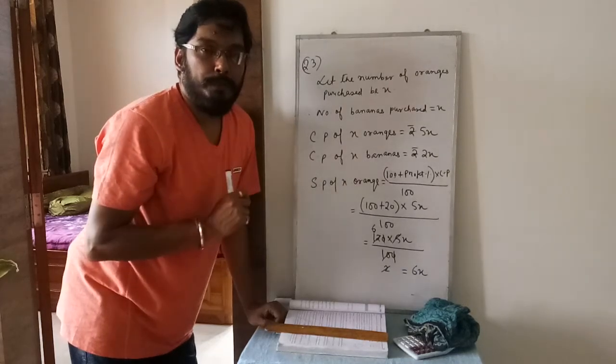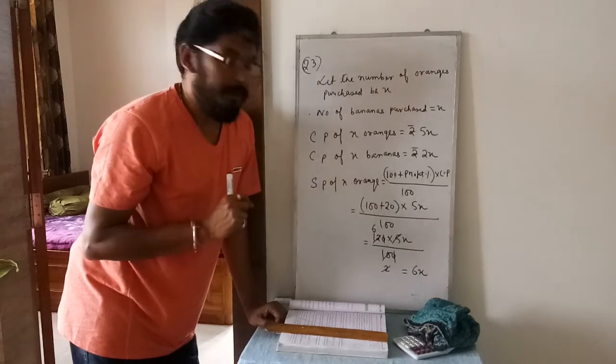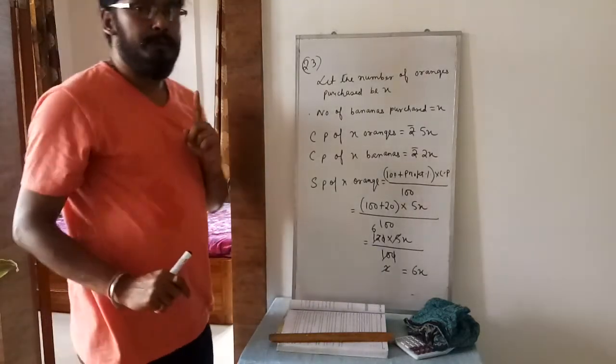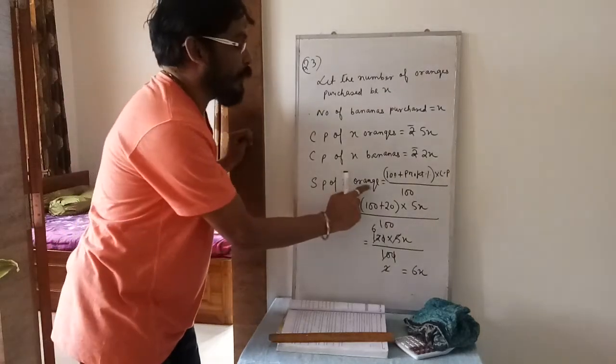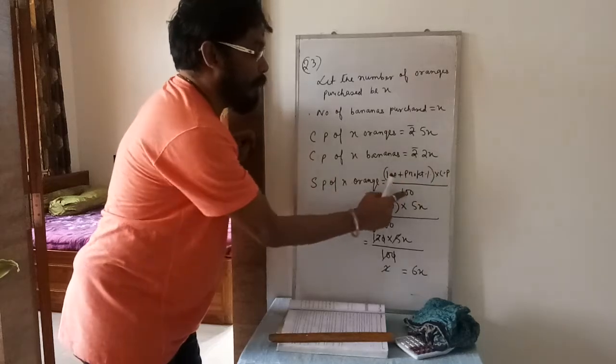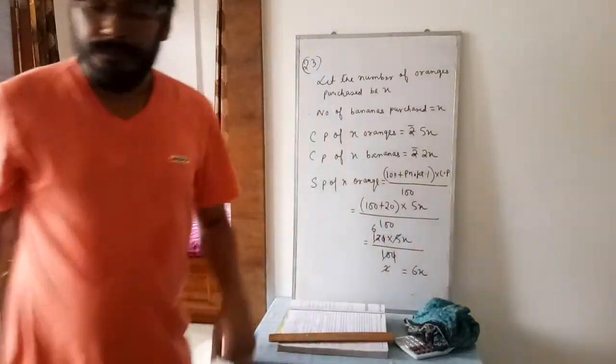I have to know the profit of oranges and bananas also, because total profit is given as 390. So to know the profit, I have to know the SP. SP of x oranges, the formula of SP is 100 plus profit percent into CP by 100. So it is 6x.